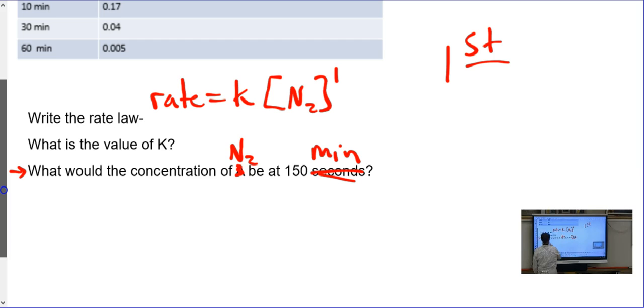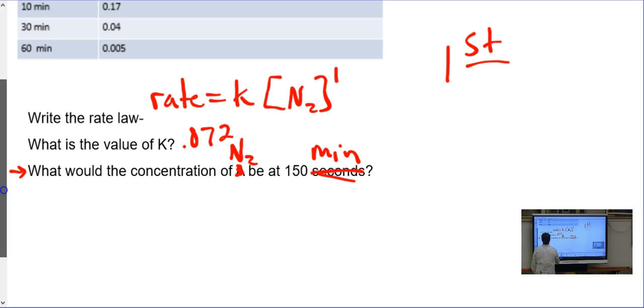All right. Then we found this value of k using our calculator. It was 0.072. All right. Now, what would the concentration of N2 be at 150 minutes? I intended this to be minutes the whole time, but I wrote seconds.